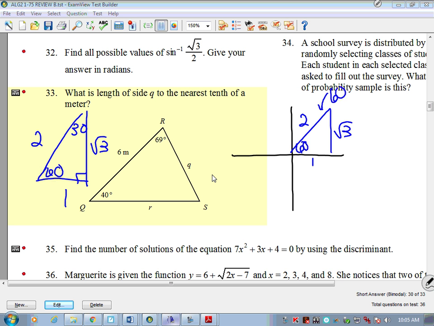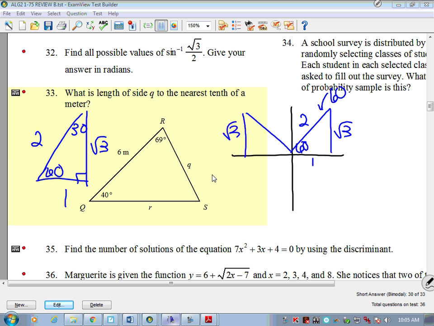Is this the only quadrant where I would get a positive radical 3, or can I get that in a different quadrant? What about over here?